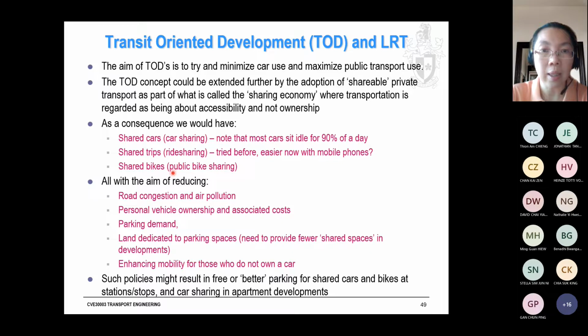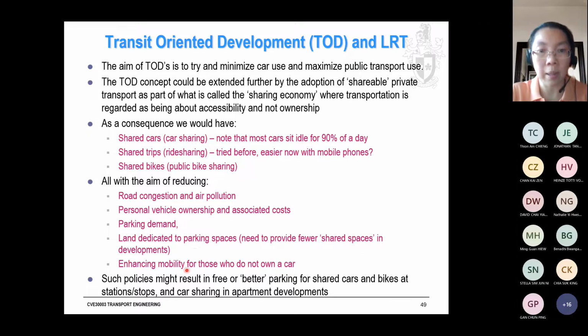All this relates back to what we have learned from the first few topics, with the aim of reducing road congestion and air pollution, personal vehicle ownership and associated costs, and parking demand. And then the lanes dedicated to parking spaces, we don't need that many, because if you don't drive, you don't need parking spaces. Then we can dedicate this lane to other better use.